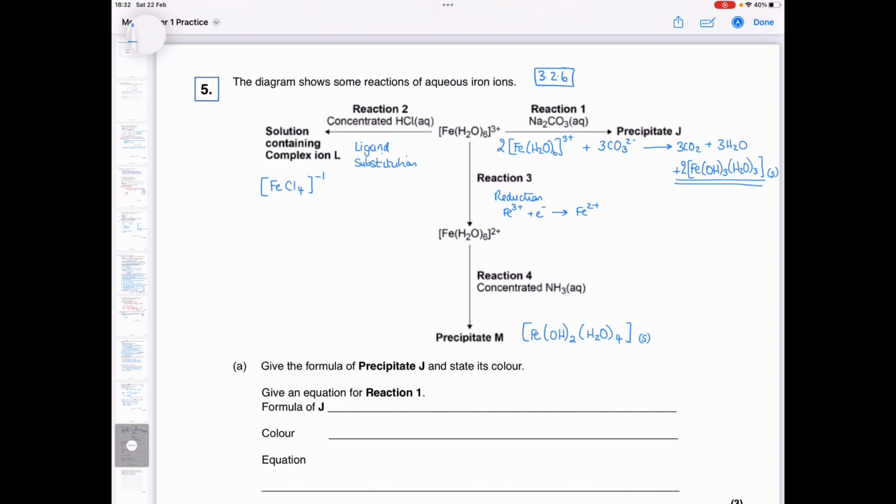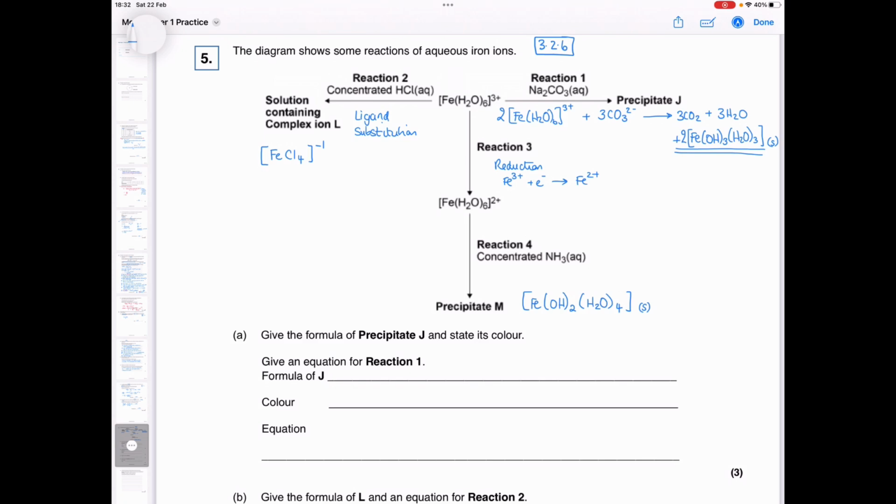So the formula of J is going to be Fe(OH)3, a solid precipitate, and that colour is going to be a brown precipitate or a rust brown. Gelatinous precipitate.